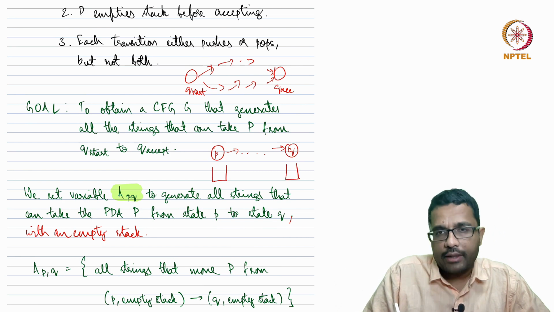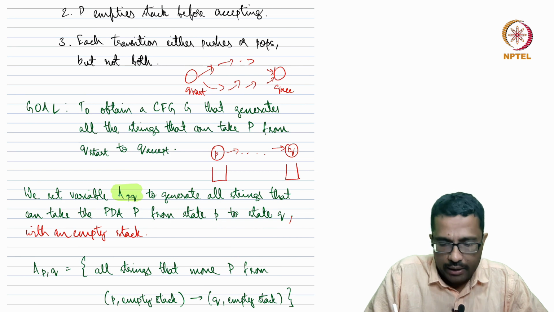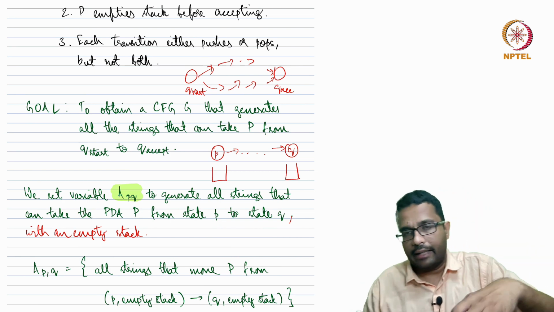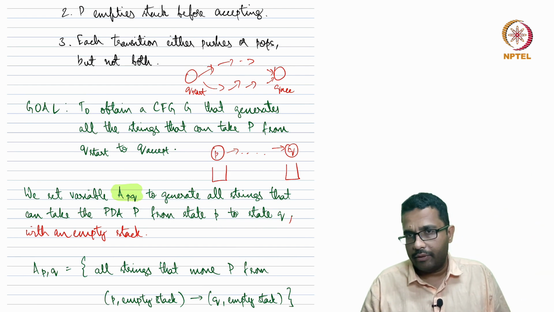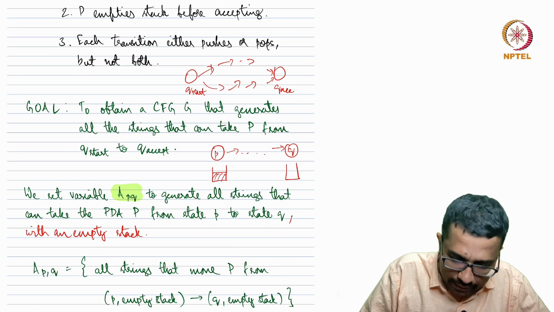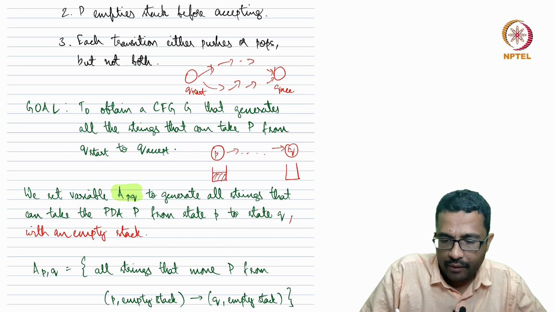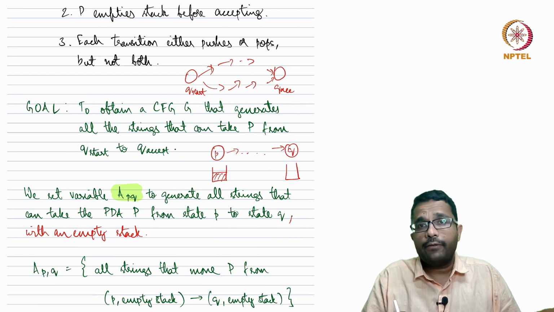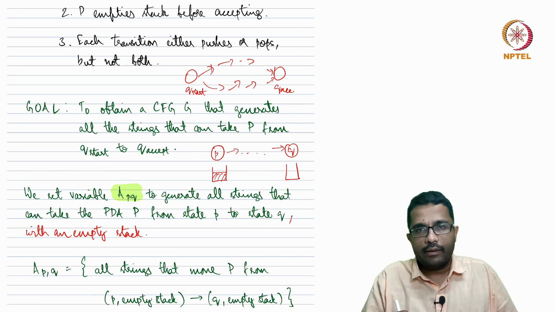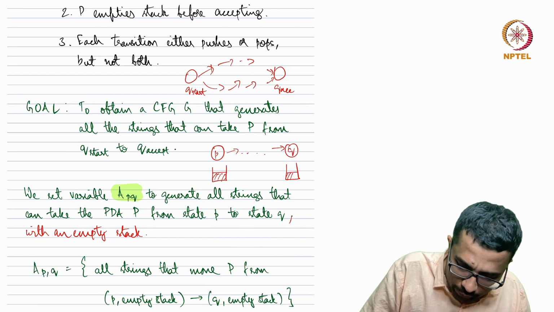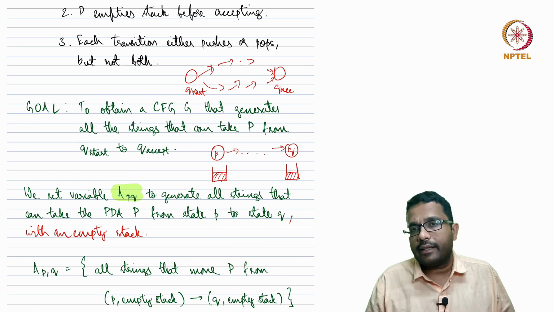But notice this: from empty stack to empty stack means maybe something gets added into the stack and finally those get removed. Which means if the stack had some content here, let's say I'm denoting it by the shaded area, if a string can take the PDA from p to q on empty stack, it can also take it from p to q while retaining the contents of the stack.